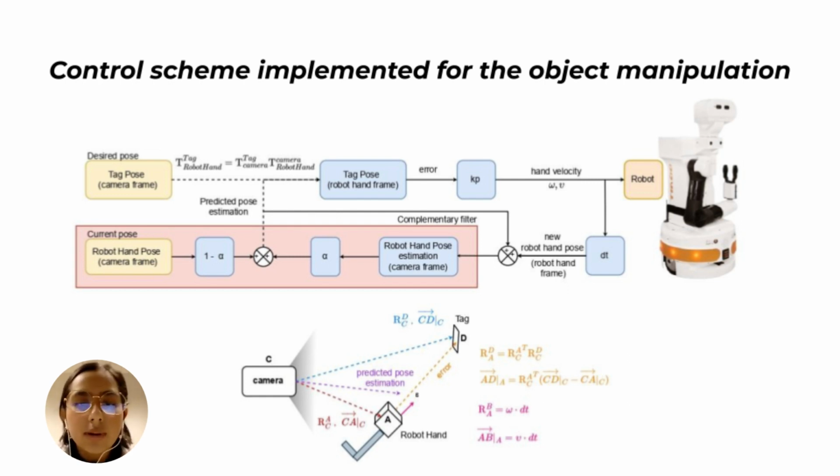Basically, the error is calculated using a relative transformation matrix between the desired pose and the current pose. Also, using a gain, we can obtain the linear and angular velocity, which is sent to the robot, and after that, an integration is made with this velocity to the previous pose estimation of the hand.